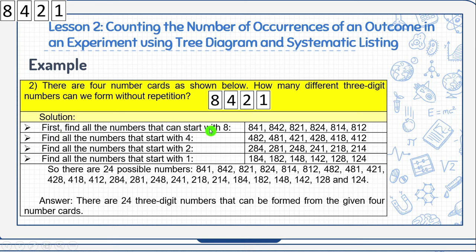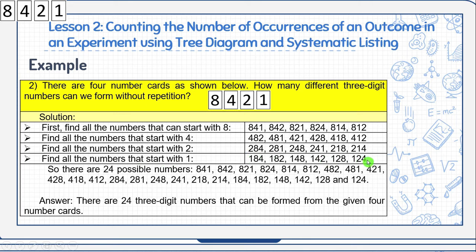Since 3-digit lang out of 4 cards, we can have here 841, 842, 821, 824, 814, 812. And for the numbers that start with 4, we have here the result. And for the numbers that start with 2, we have also here the result. And the numbers that start with 1, we have here the result.